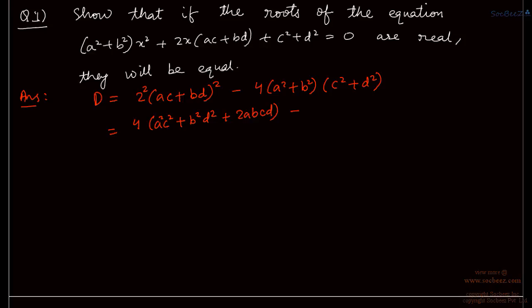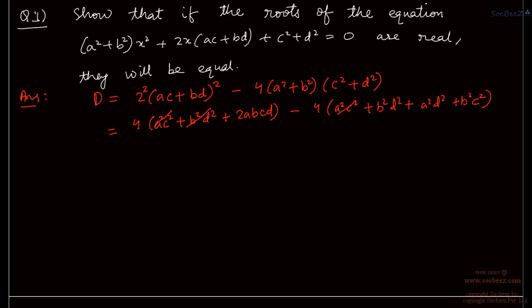Alright, and in this part, we have a squared c squared plus b squared d squared plus a squared d squared and b squared c squared. Now since 4 is the common factor for both of them, a squared c squared here is with the positive sign, here it's with the negative sign.